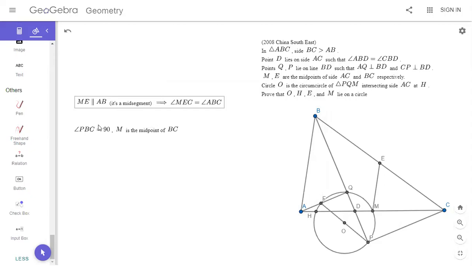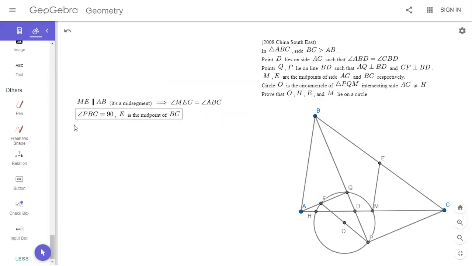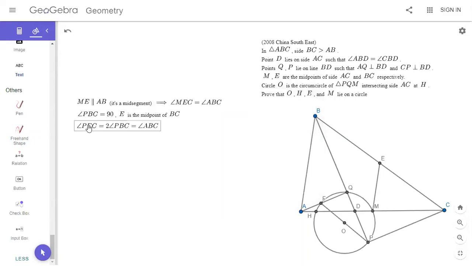And then since PBC is 90 and E is the midpoint of BC, angle PEC is equal to twice angle PBC, which is equal to angle ABC. And so P, M, and E are collinear.